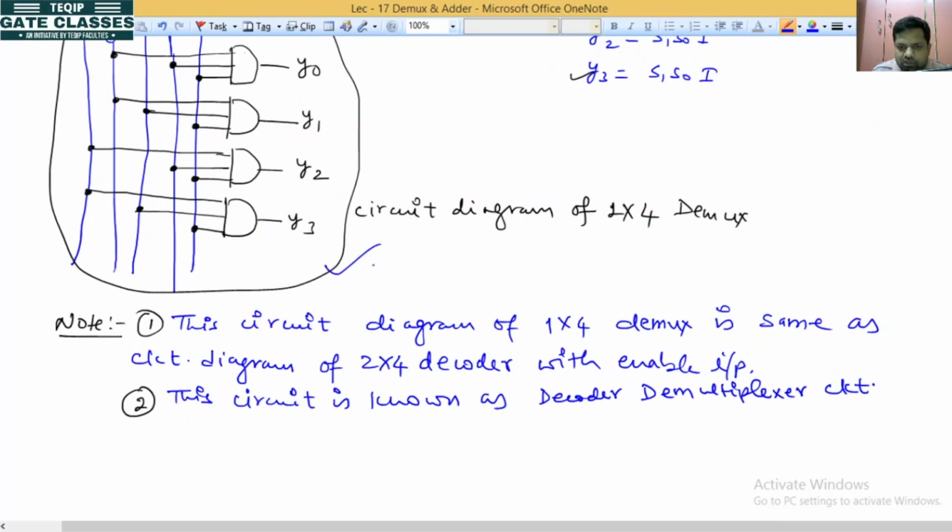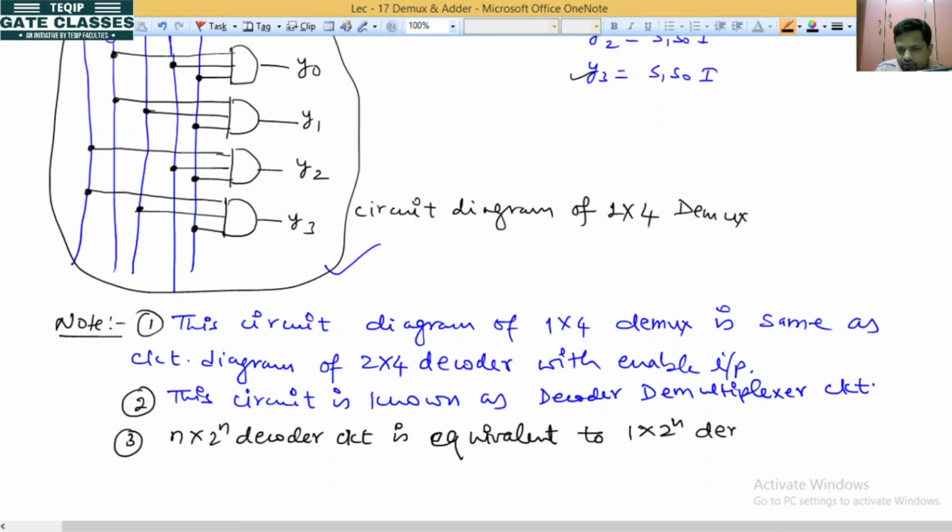It is also called as decoder demultiplexer circuit. Third point is n cross 2 to the power n decoder circuit is equivalent to 1x2 to the power n DMUX. Always remember it.